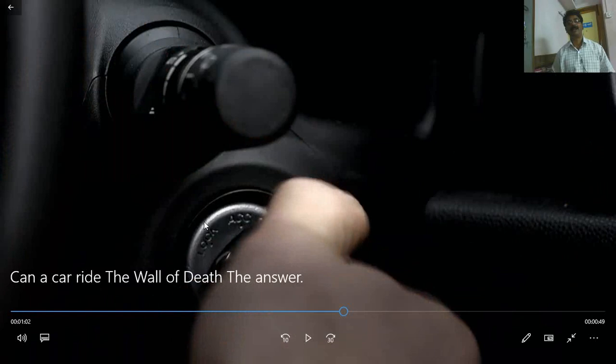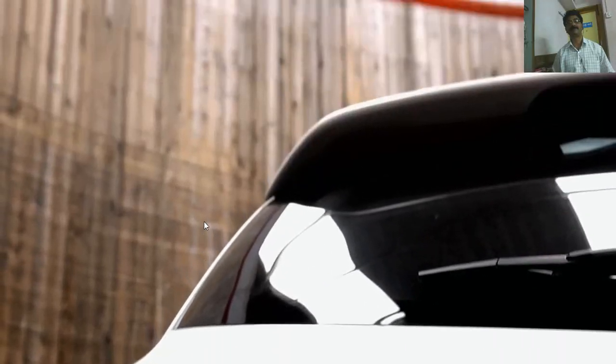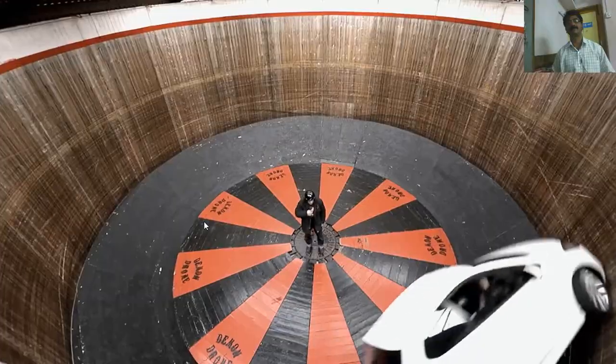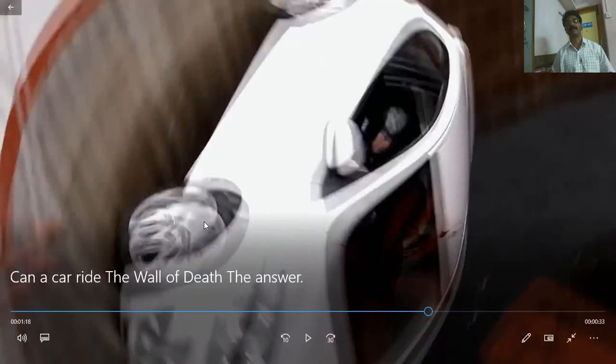Now it's the turn of the four-wheeler ride. Enjoy this. See here.